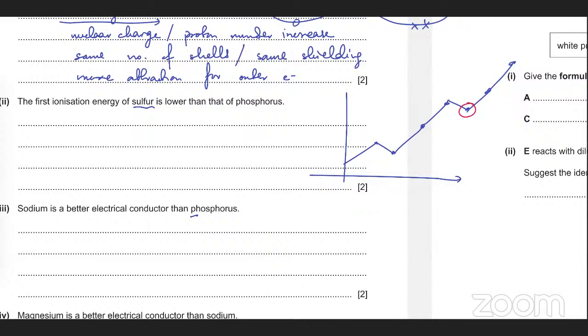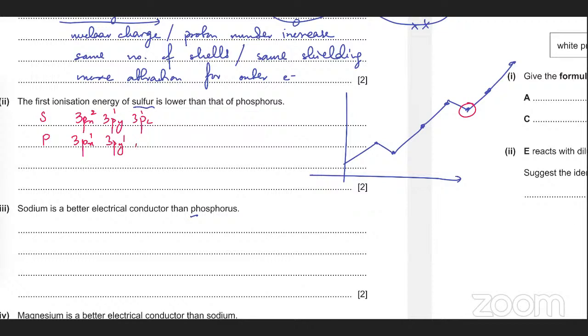What happens? So you're going to talk about sulfur. Sulfur's electronic configuration in its outer shell is going to be 3p4. I mean, the 3p subshell is going to look like this for sulfur. And for phosphorus, the 3p subshell is going to be half filled.